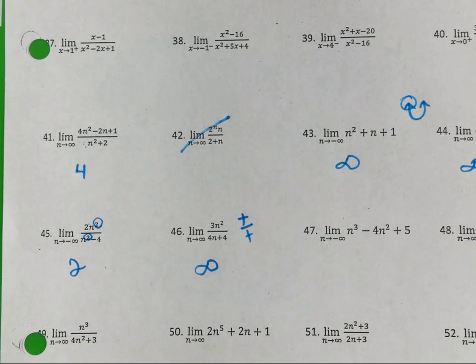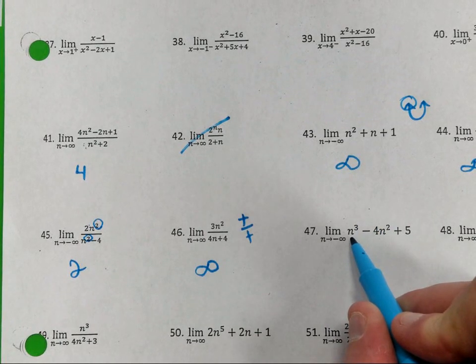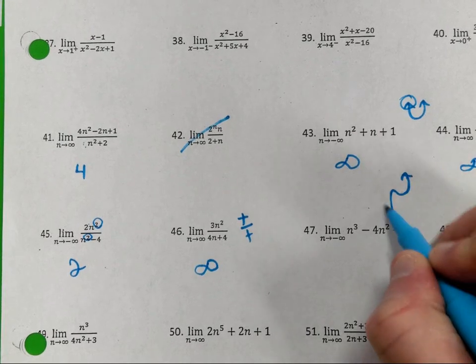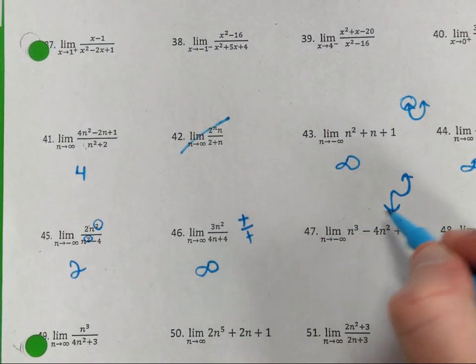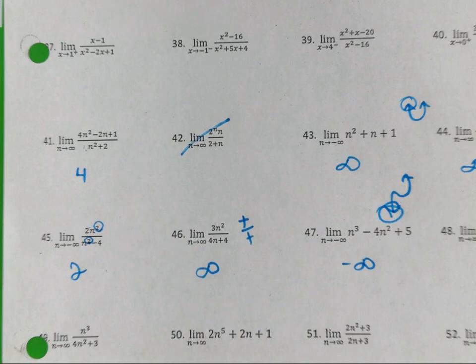Now, in polynomials, you have to sketch the graph to see. What type of polynomial is this? Cubic. The leading coefficient is what? Positive or negative? So it's going something like that, isn't it? As n goes to negative infinity, as I go this way, what is happening to my behavior? It's going to negative infinity.